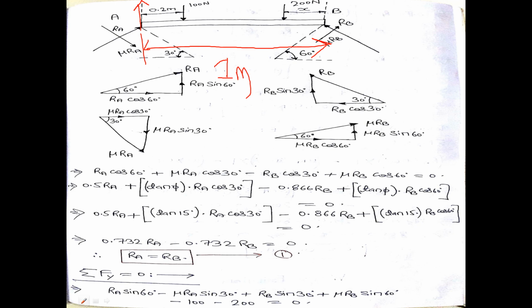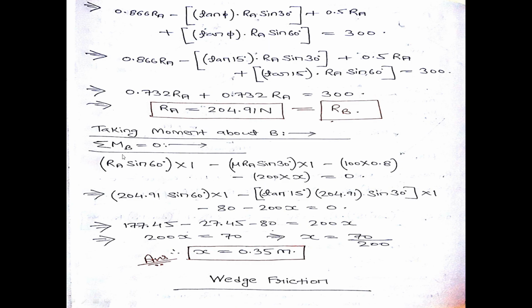Yes, if you hold point B, this RA into 1 meter will create a moment like this, that is clockwise moment. Here I have taken clockwise moment positive. So if I have taken clockwise moment positive, I have to take anti-clockwise negative. Or if I am taking anti-clockwise positive, I have to take clockwise negative.